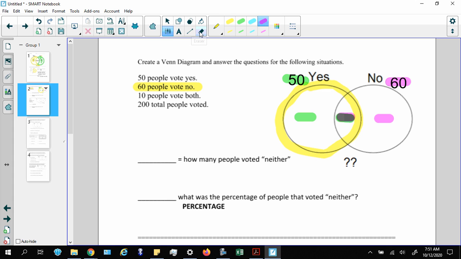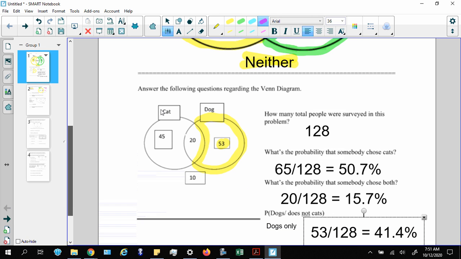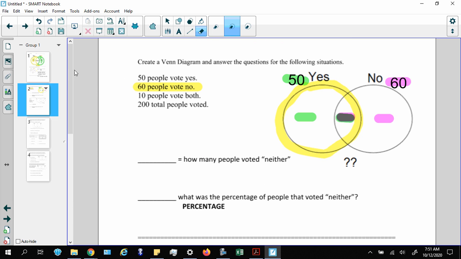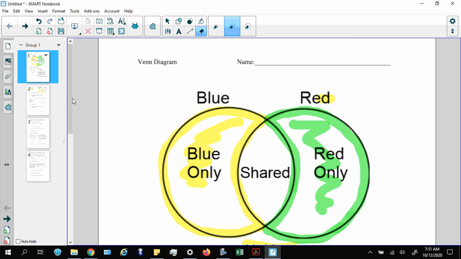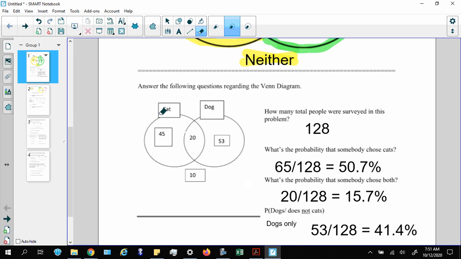Now, taking that example, let's go back to the cats and dogs one. This is not part of the original question. I'm just using it to back up what I'm saying. How many people have a cat in their house?